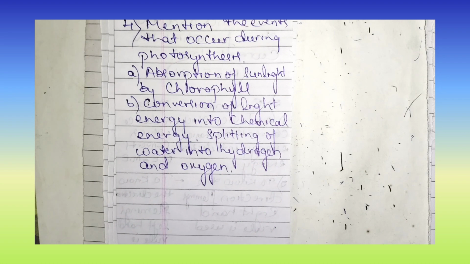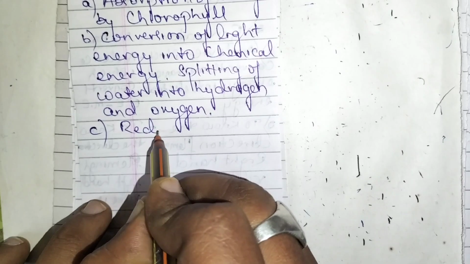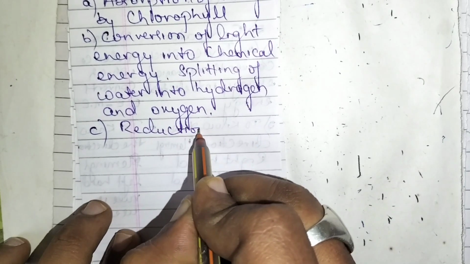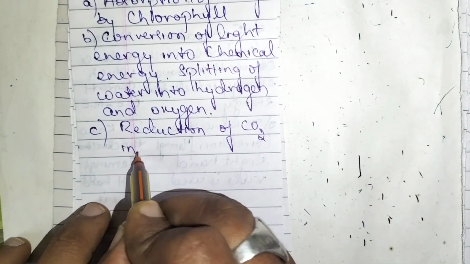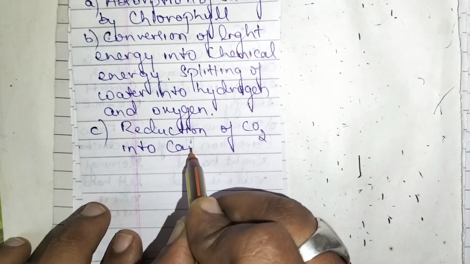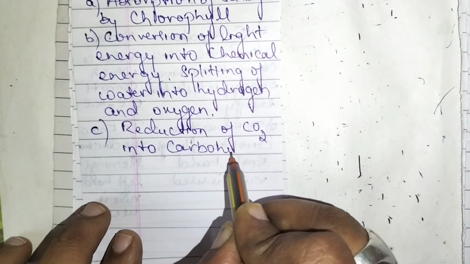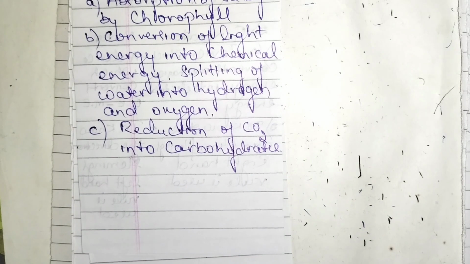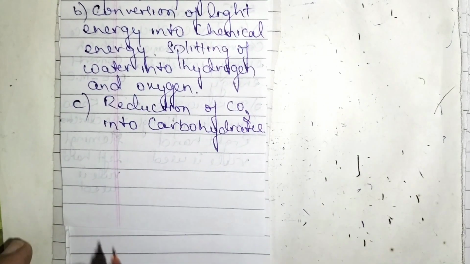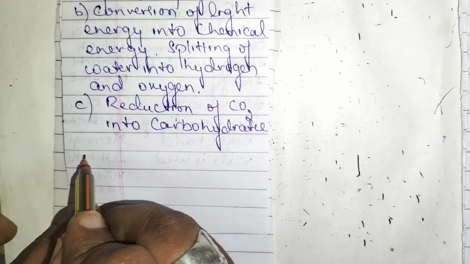So this is the next step. Then reduction of carbon dioxide into carbohydrates. So these three we have to write for the events that occur during photosynthesis.